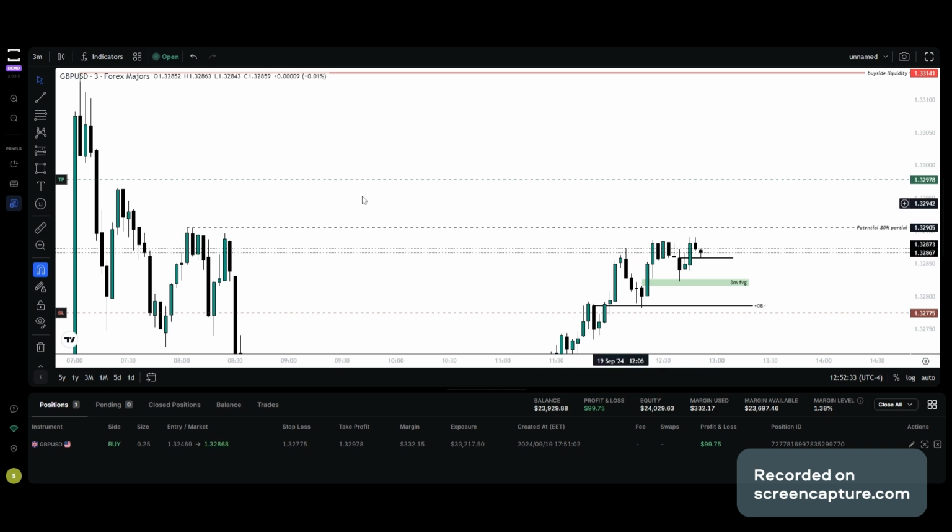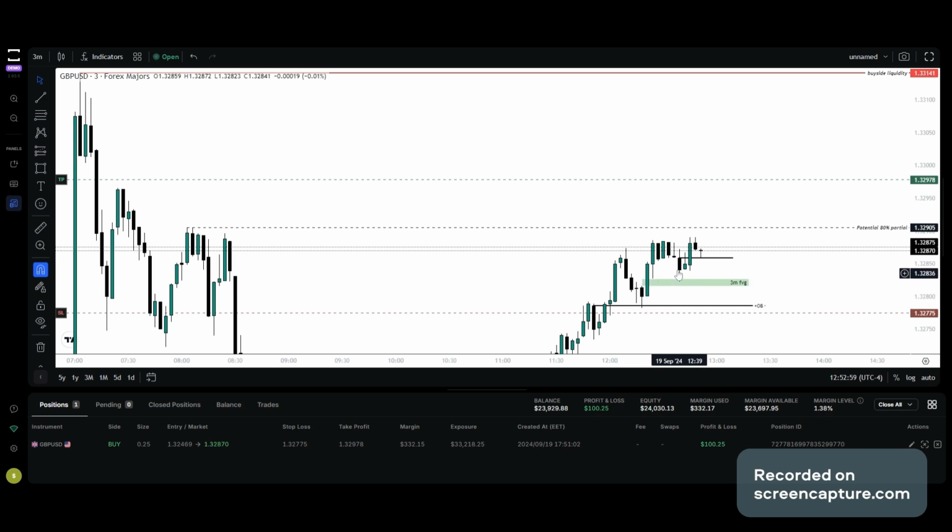And this generated buy side liquidity. So now we have on the 3 minute time frame, one, this imbalance, two, this low, and three, this is technically an order block. This is a propulsion block, actually.